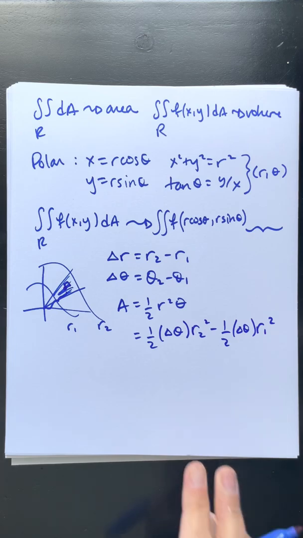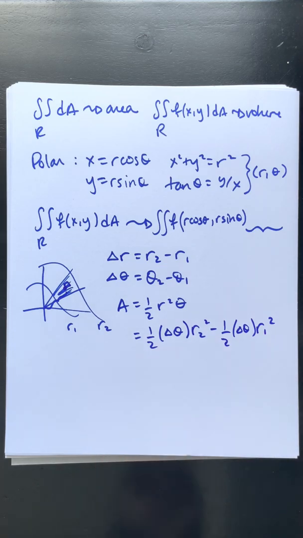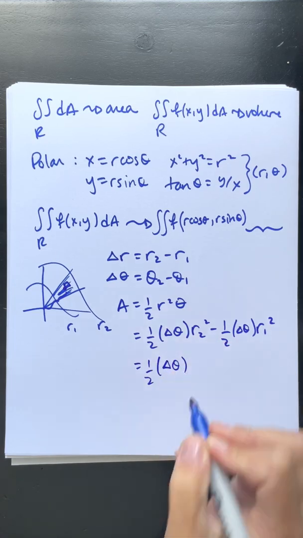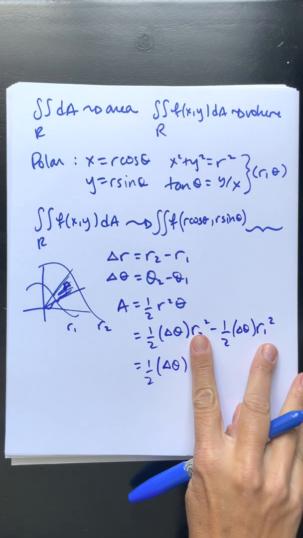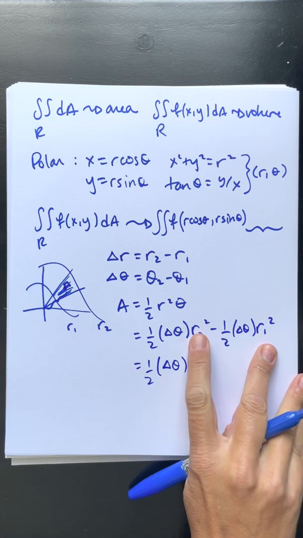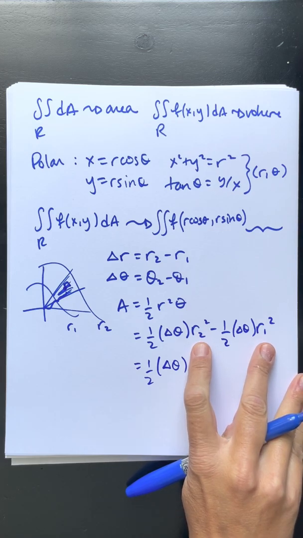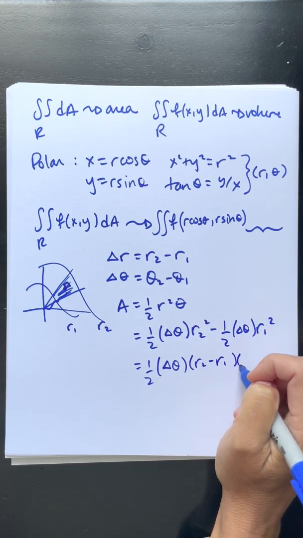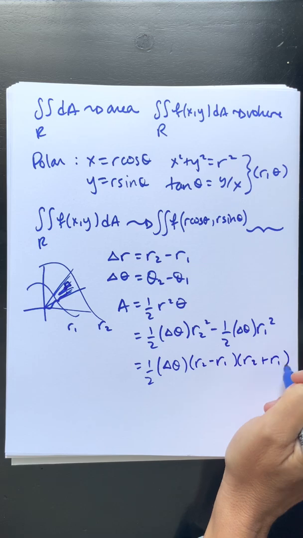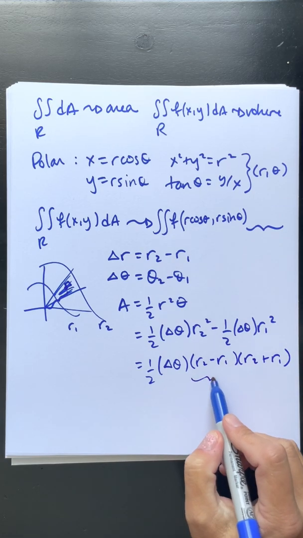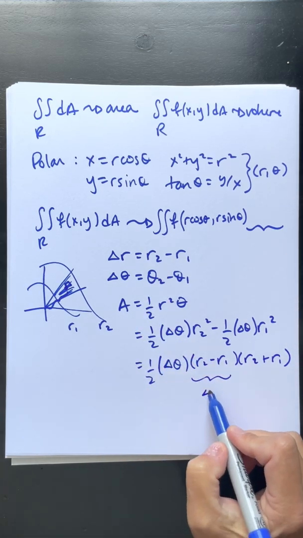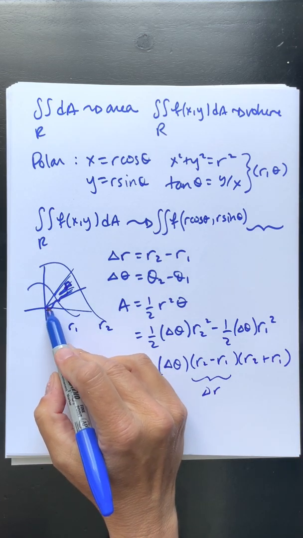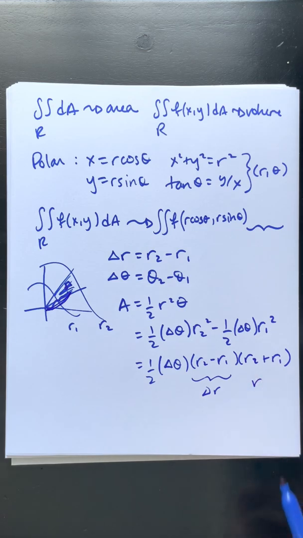And so if I can take this piece out of both, I get 1/2 of my delta theta times r2 squared minus r1 squared, which we know we can factor into a difference of two squares. So we get r2 minus r1 times r2 plus r1. Now this is my delta r, and this is actually just how far I have gone out.